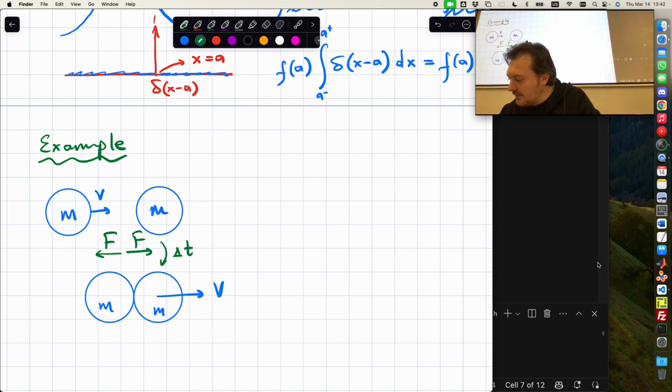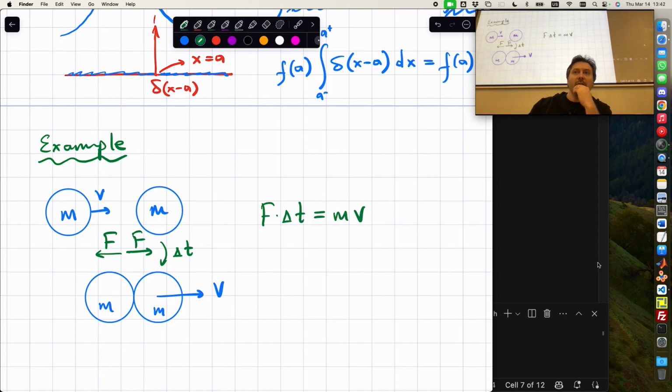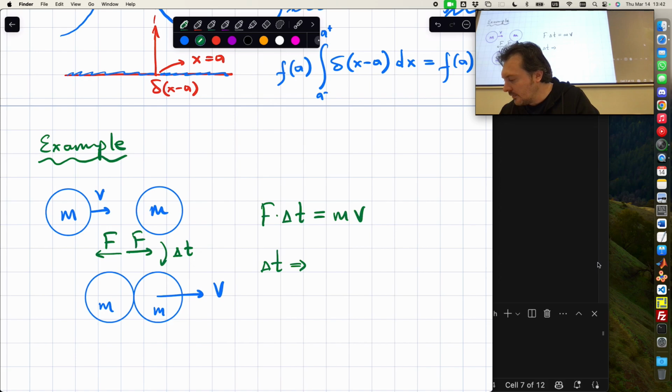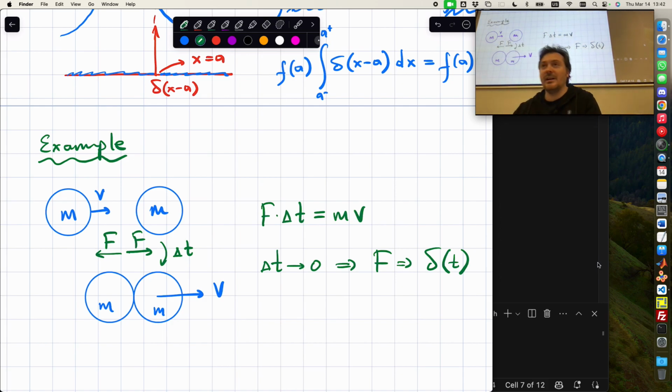So we know that F times delta t is mv, right? So what is F then? If you take delta t to 0, as delta t approaches 0, F approaches Dirac delta t.